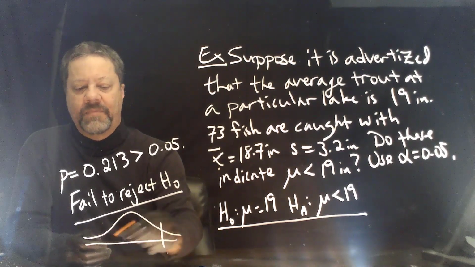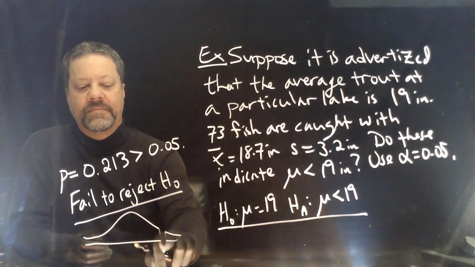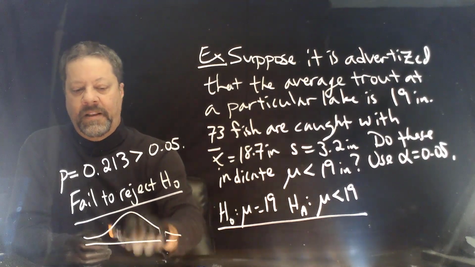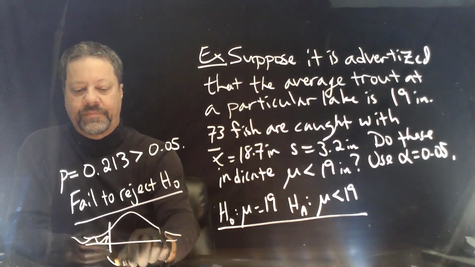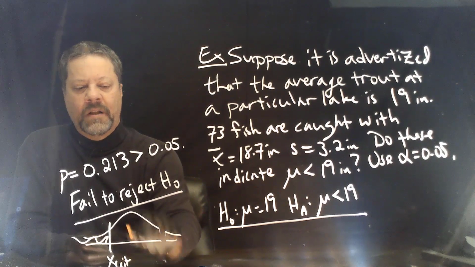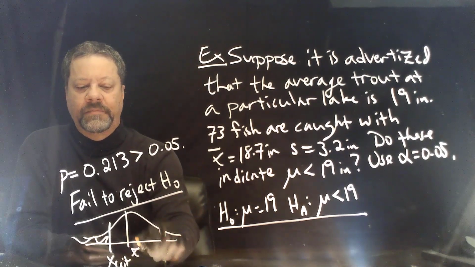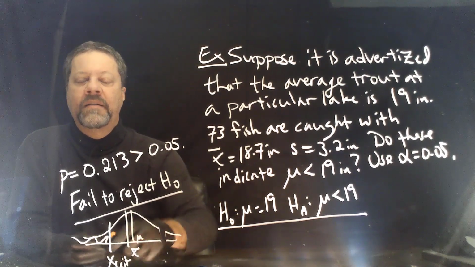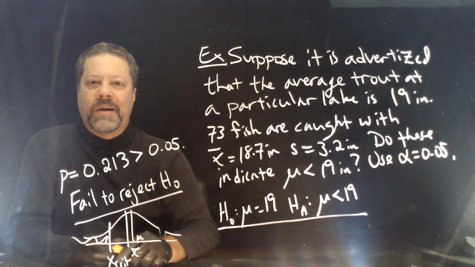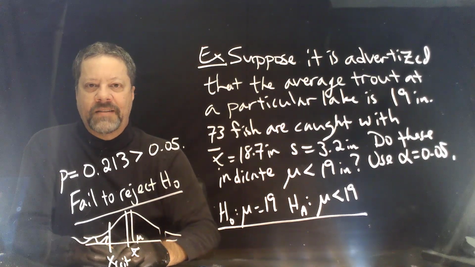On a left-tailed test, the 5% level will be here. Our value is here, too close to the mean to reject the null hypothesis, so we fail to reject.